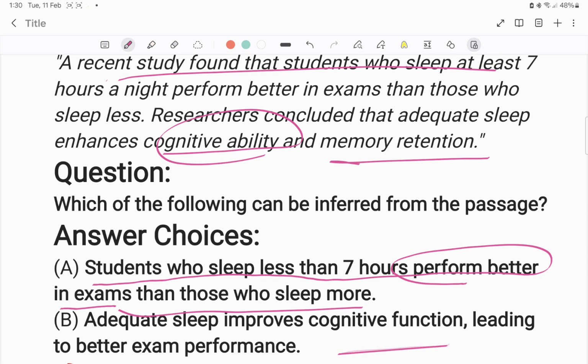You need to eliminate this. That's it. So at last we'll end up with the CLAT passage.